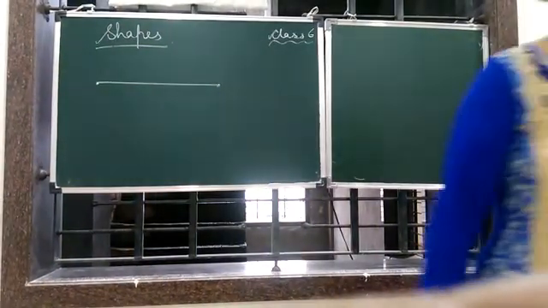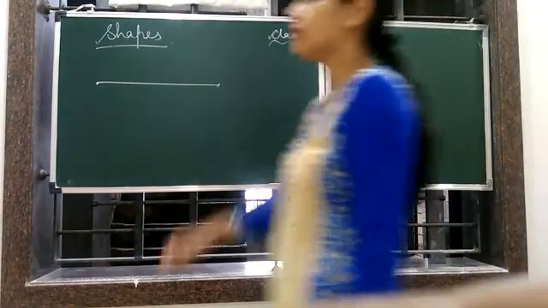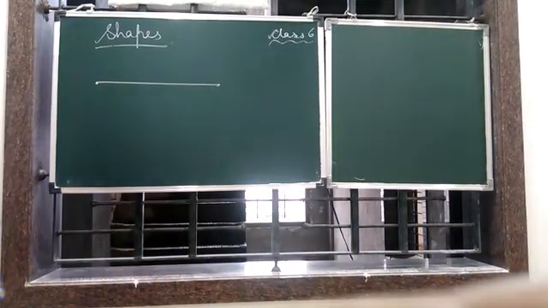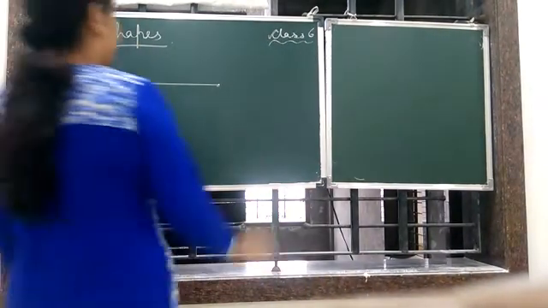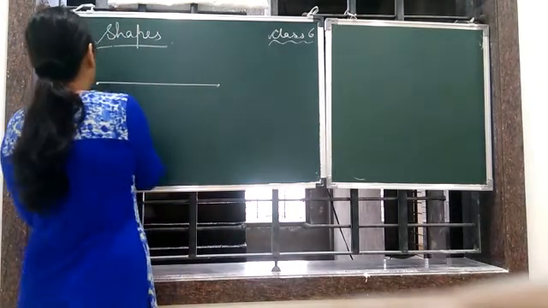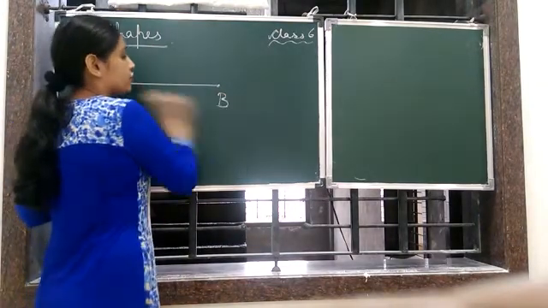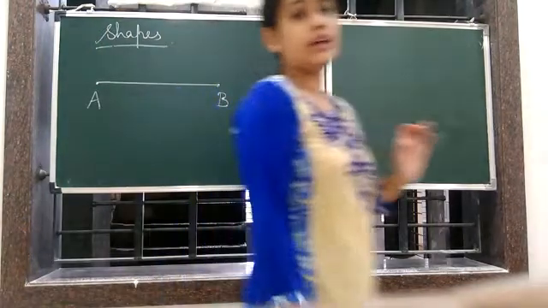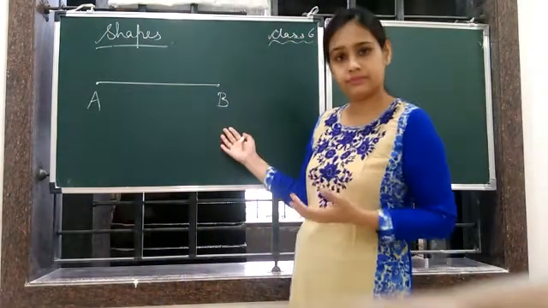Now, measuring of line segments. How do we measure line segments? We've studied what a line segment is, but we've not studied the measurement of the line segment. This is a line segment. How do we measure it? We can measure it by observing.